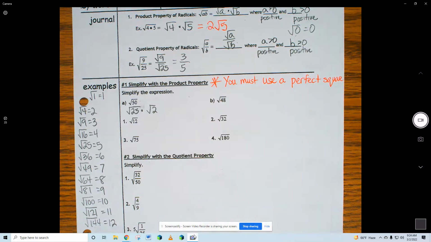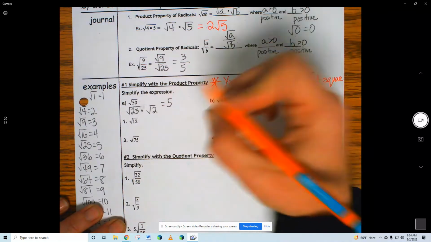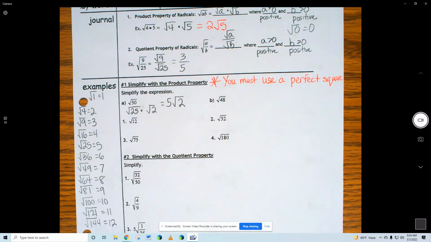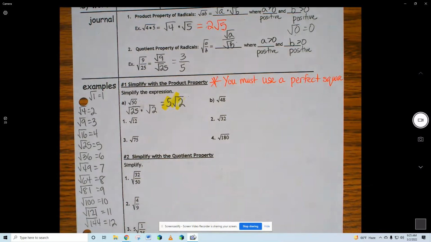Put the perfect square first. Okay. What is the square root of 25? 5. Can I do anything with the radical 2? Can I simplify that? No. So here's what I'm going to get. The 25 comes out as just a 5. And then it's radical 2, still inside. Okay.